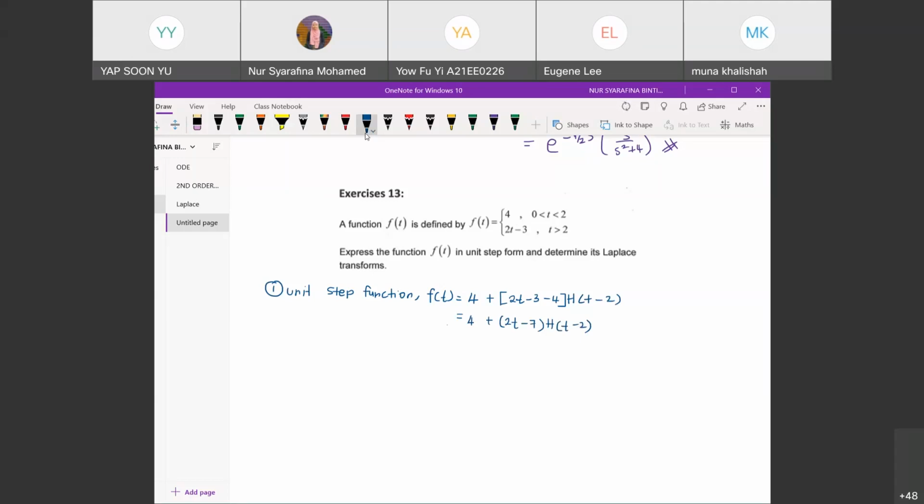Then determine its Laplace. Okay, as you can see, this is only transforming a constant, and this is mapped to the second shifting property, but here t minus 2, here t minus 7. Okay, try to make it a similar expression first before you can proceed with the Laplace conversion there.